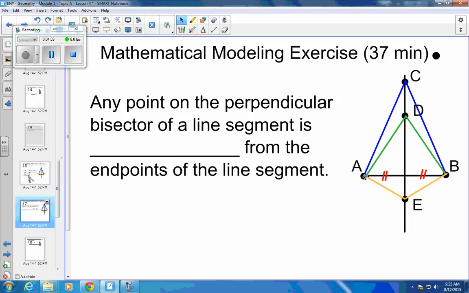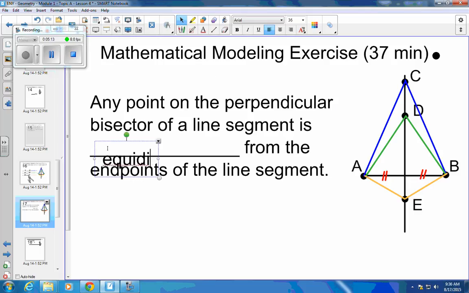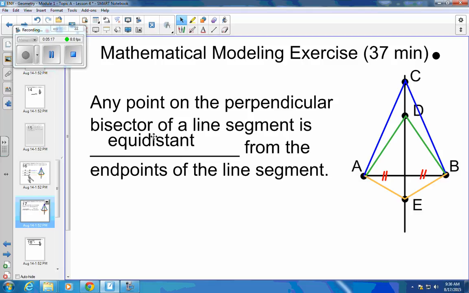Here are the endpoints, A and B are the endpoints. So D is the same distance to the endpoints. C is the same distance to the endpoints. E is the same distance to the endpoints. So we call that equidistant.